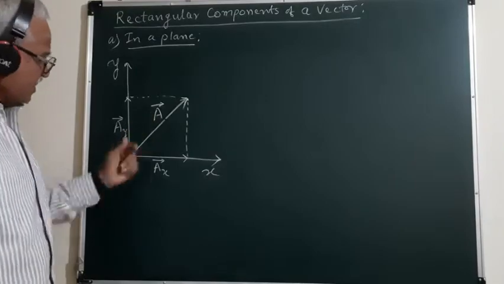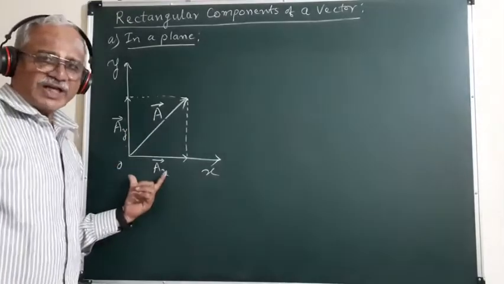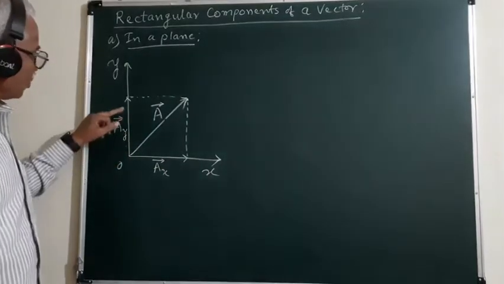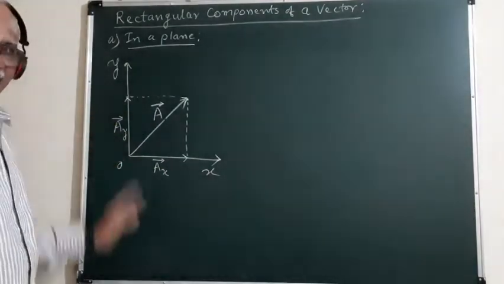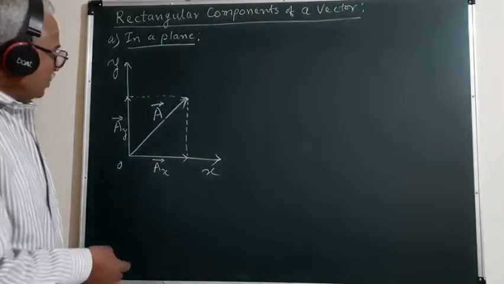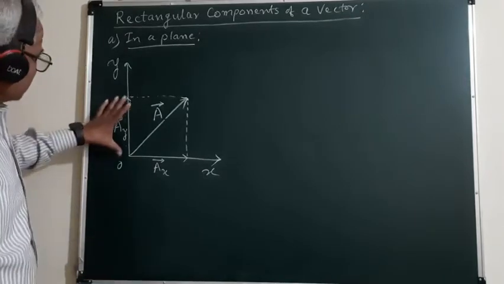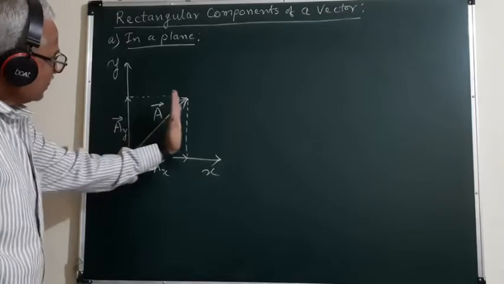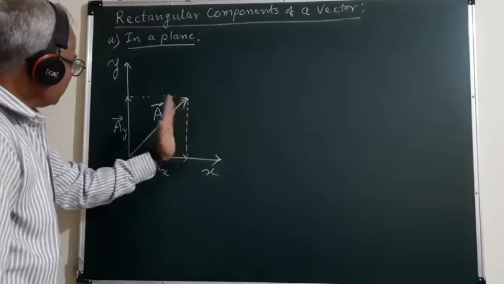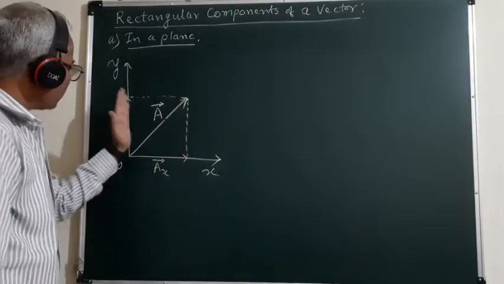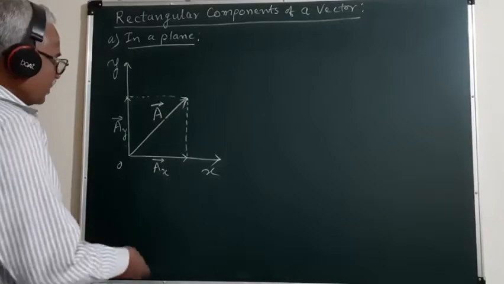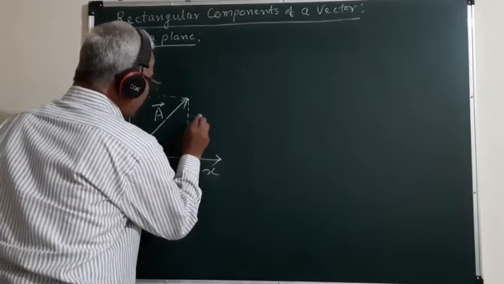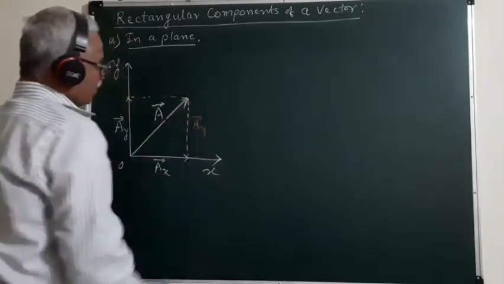Let us represent the x component of vector a bar as ax bar and the y component of vector a bar as ay bar. Now, as this is the vector ay bar, similarly this side of this triangle is also equal and parallel to ay bar, so we can consider as if this is the vector ay bar also.